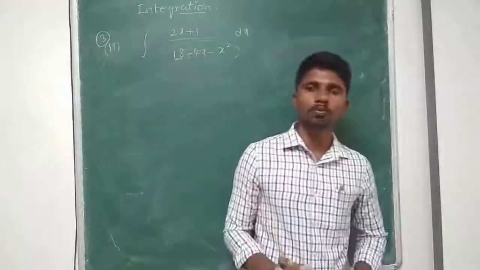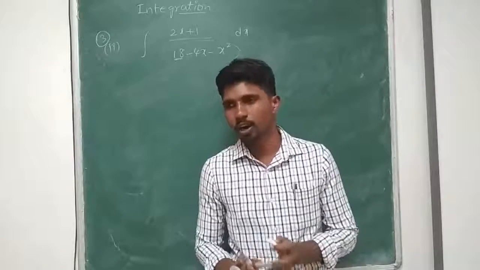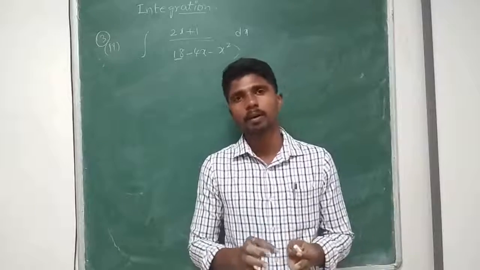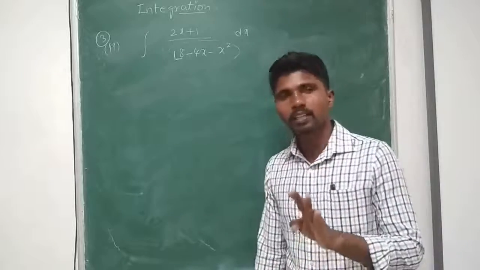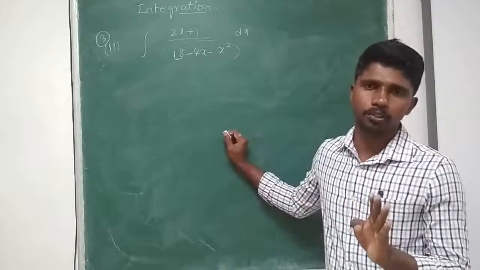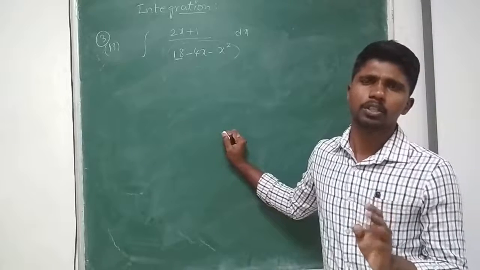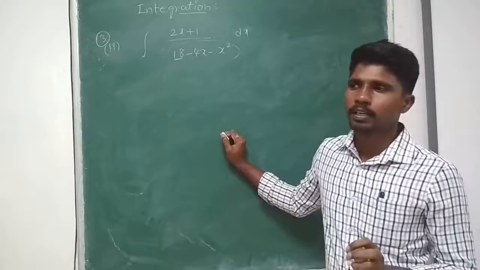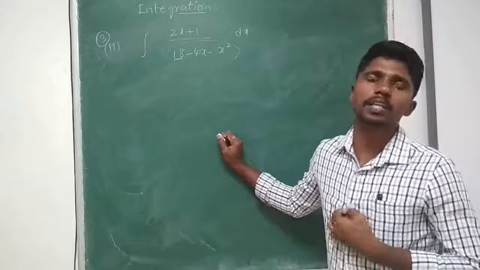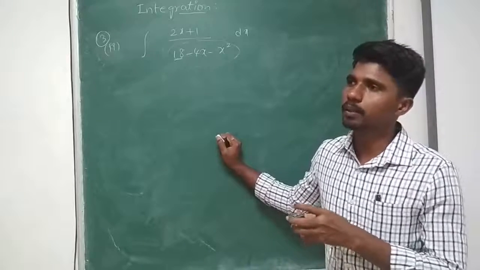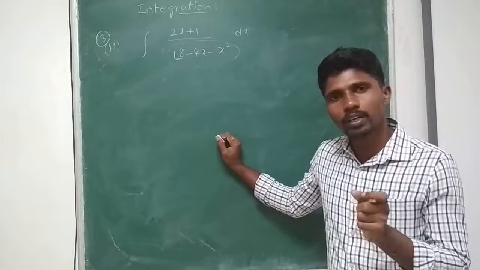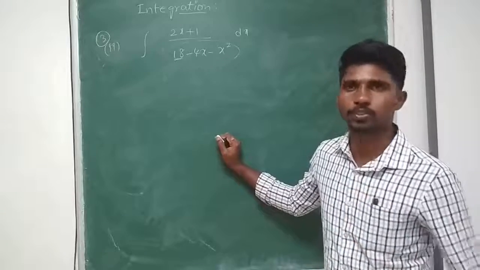After seeing the problems, what we have to cross check is how to identify that it is in a particular form. We learned four forms. In all four forms, what is common? The quadratic expression is common. So this particular procedure is applicable only for quadratic expressions.